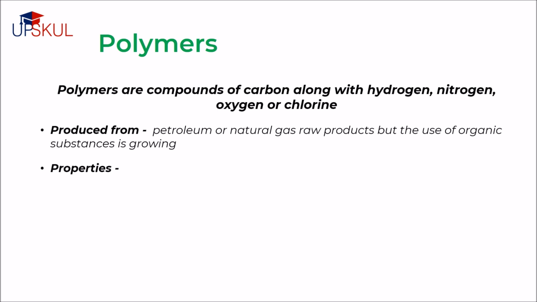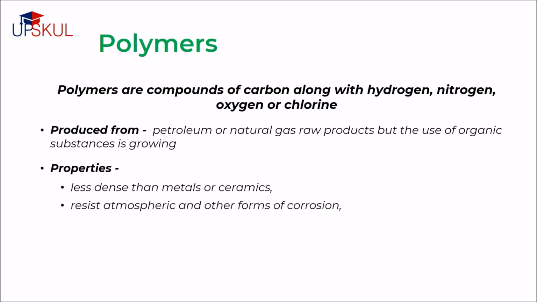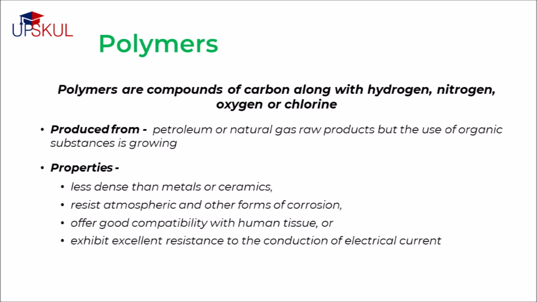Polymers have many properties that make them attractive to use in certain conditions. They are less dense than metals or ceramics, resist atmospheric and other forms of corrosion, offer good compatibility with human tissues, and exhibit excellent resistance to conduction of electrical current.